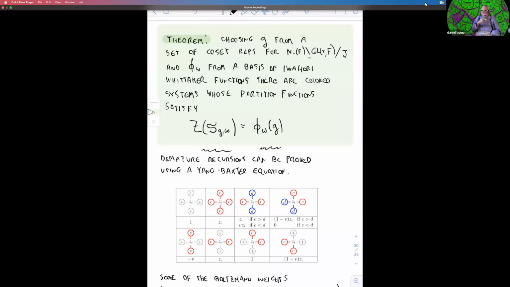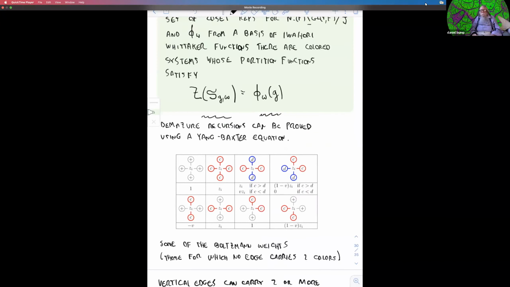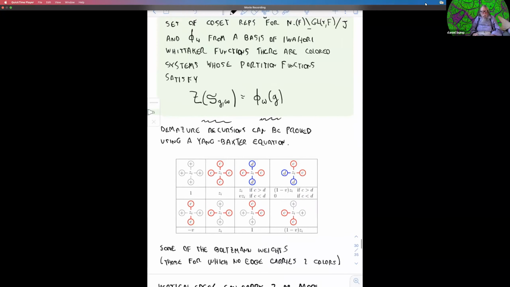You compare; they're the same, and you prove this theorem. This is what the Boltzmann weights look like. There's actually more possibilities for the Boltzmann weights.